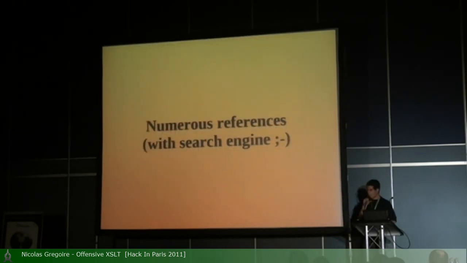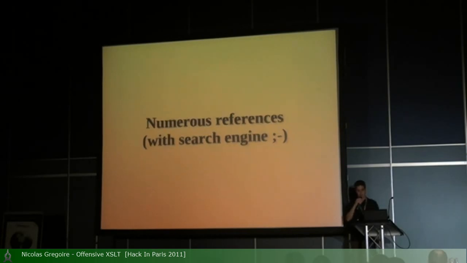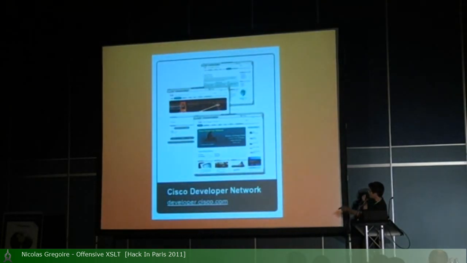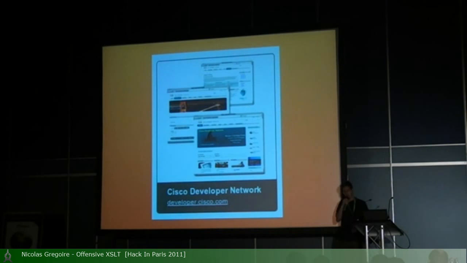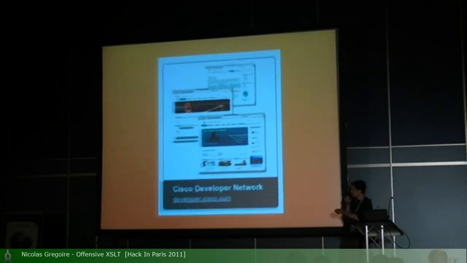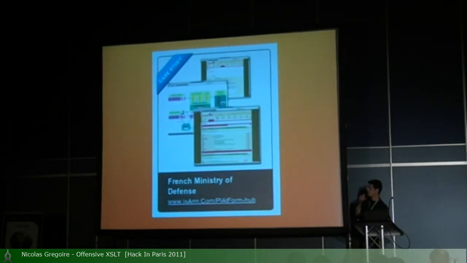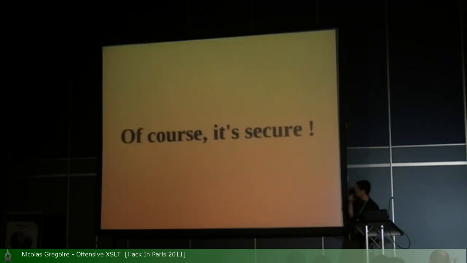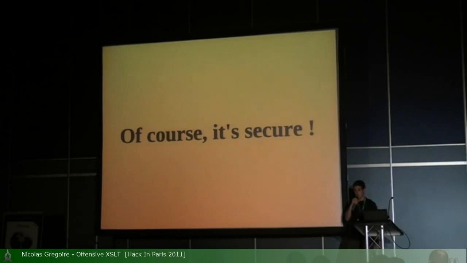And on their website, you have a list of customers with a search engine. So it's really cool. I know there is a Cisco developer network running on Liferay. There is the French Ministry of Defense running on Liferay. And given this kind of customers, of course, it's secure.